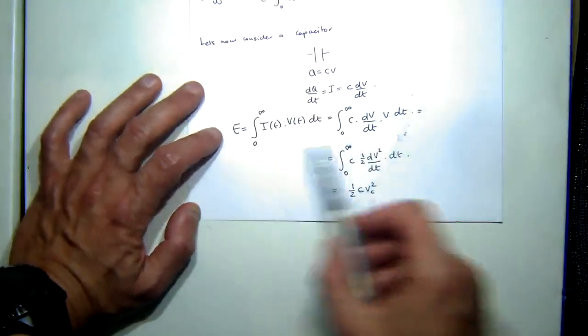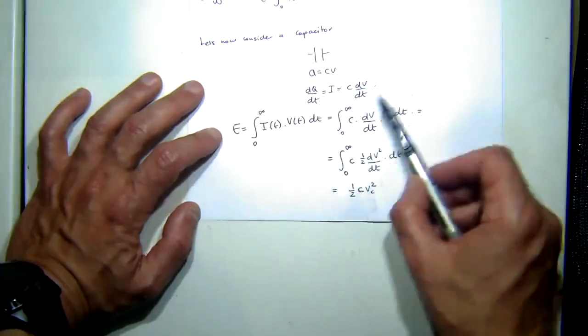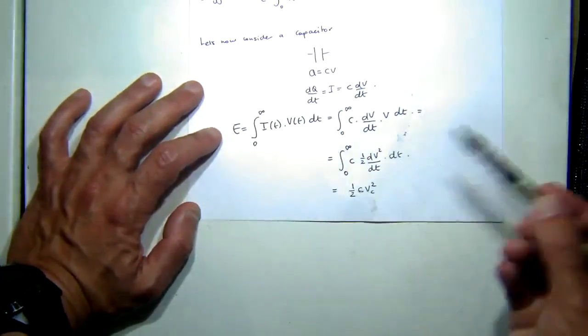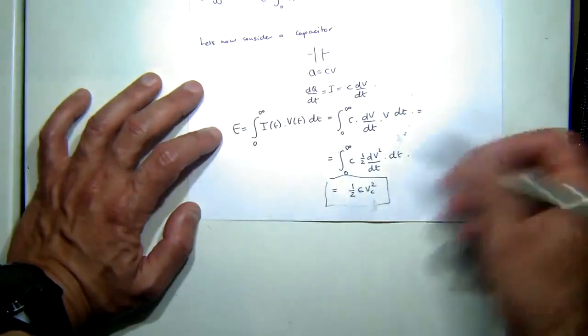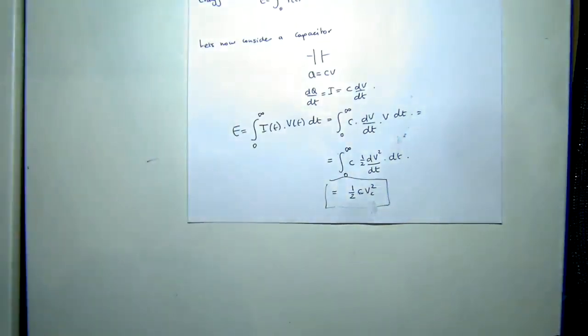Now, you can substitute this in, integrate it up, and you get that the energy stored on a capacitor is a half CV squared. Right? No big deal, but that's just the energy that's stored on the capacitor.